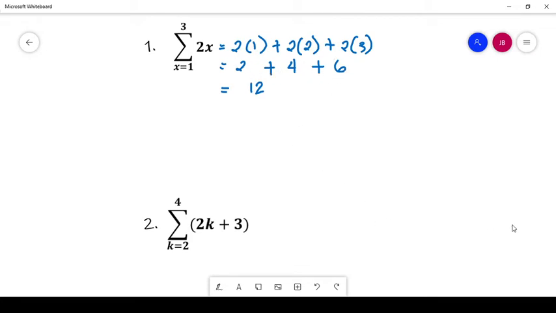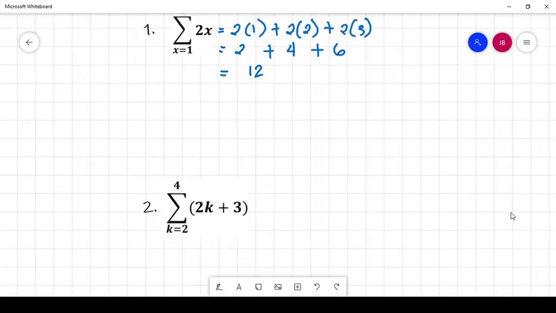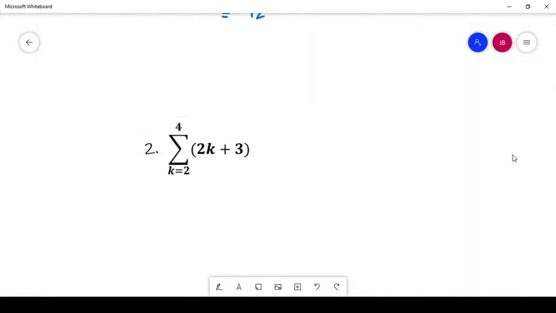Then next, example number 2. We have the summation of the quantity of 2k plus 3 from k equals 2 to 4. Same process. You're going to substitute k. We'll start with 2. So we have 2 times 2 plus 3.